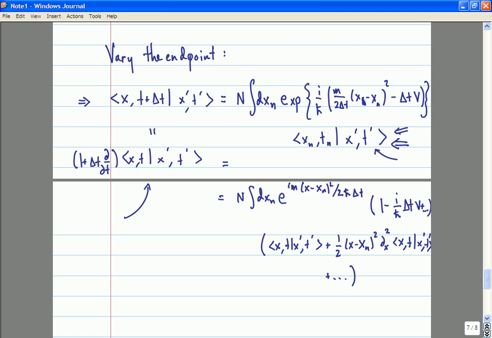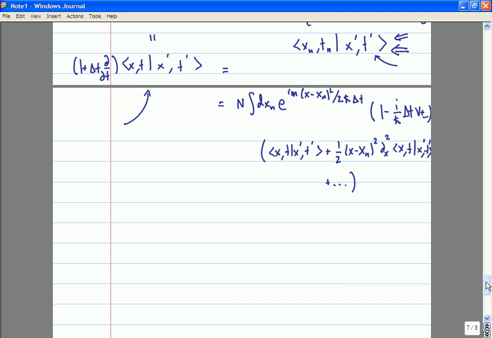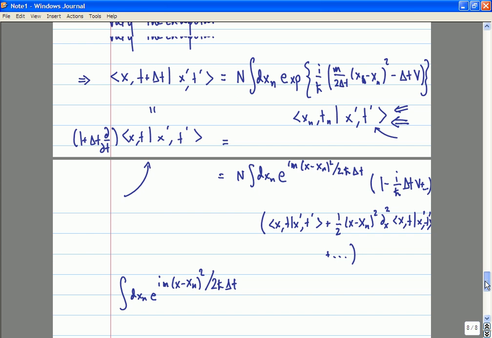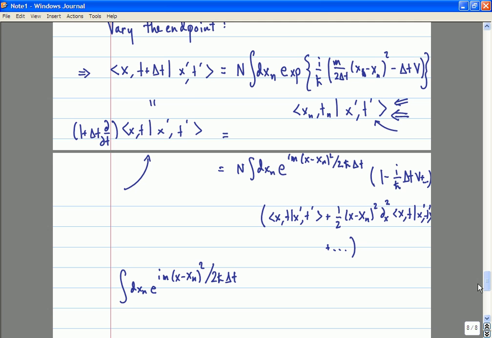So one of the integrals we need to do is of this phase, the integral dx_n of e to the i m (x minus x_n) squared over 2 h bar delta t. So what is that integral? Well, that's just some straightforward Gaussian integral, which is easy to do.